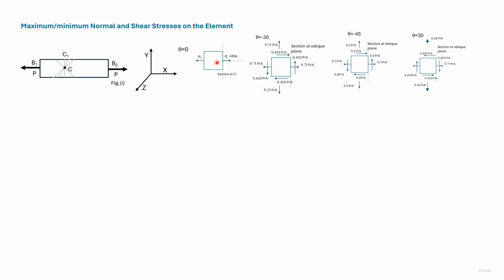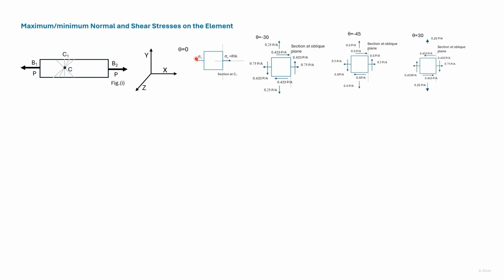In order to define the rotation, consider this line perpendicular to the left face. Here is 0. An anti-clockwise rotation of this line is considered positive. We found stresses acting on the element at theta equal to 0, theta equal to minus 30, theta equal to minus 45, and theta equal to 30.